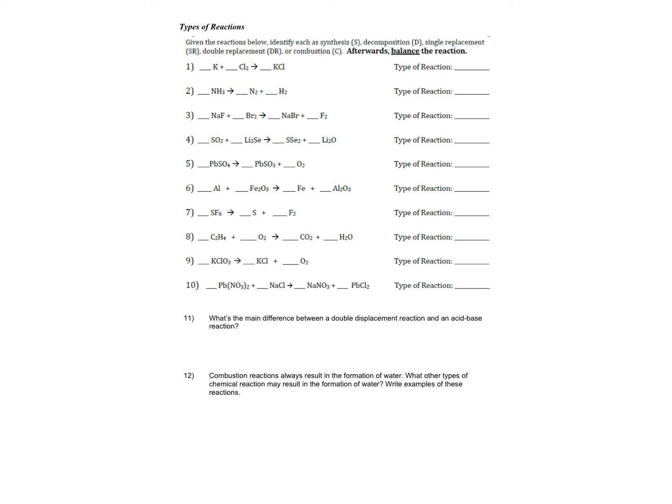Next part of the worksheet is determining the type of equation, the type of reaction, and balancing it. So there's 2 parts to this. Let's look at the first one here. This one is potassium plus some number. So some number of potassium atoms or ions plus some number of chlorine gas. So notice that that's a pairing of 2. Comes together to form KCl.